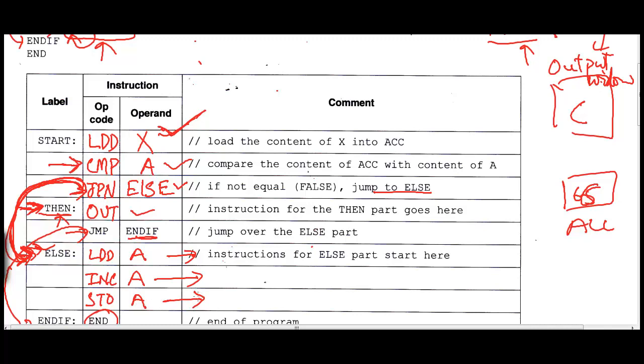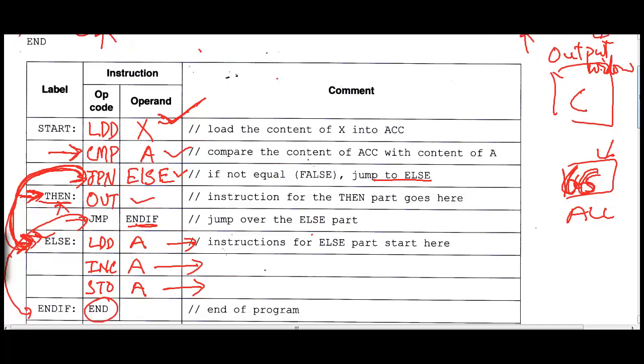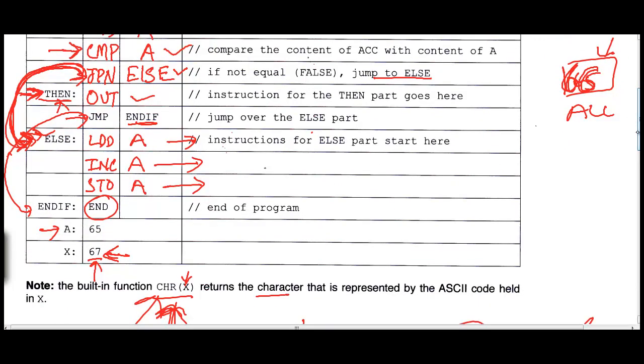This is going to store the value in the accumulator, which is 66 in this case, into this location that is labeled as a. So this location will now get this new value, 66, from the accumulator.